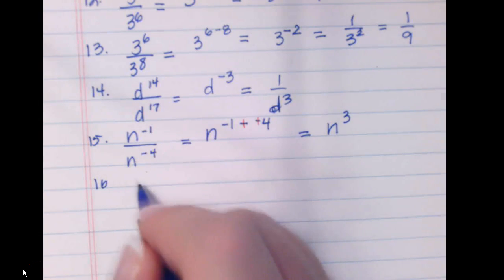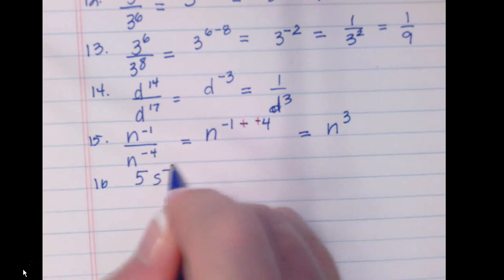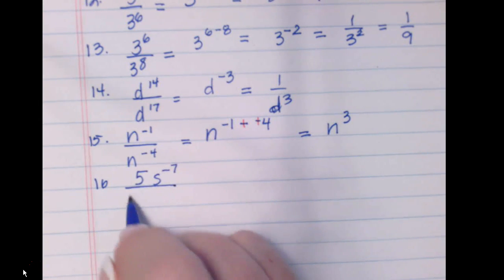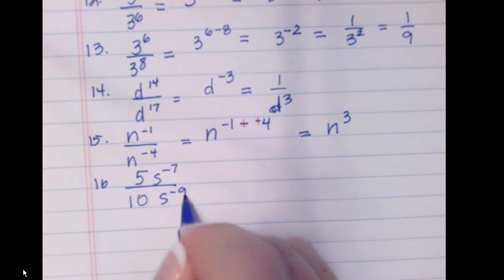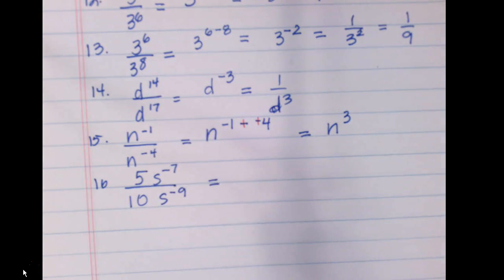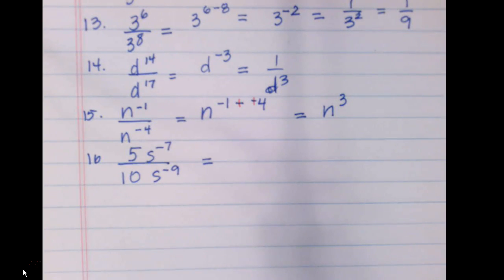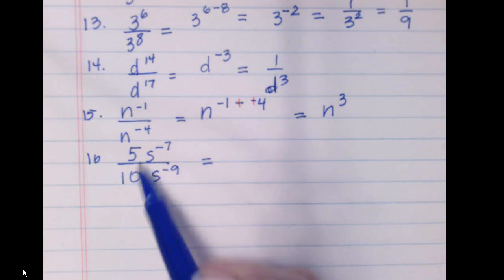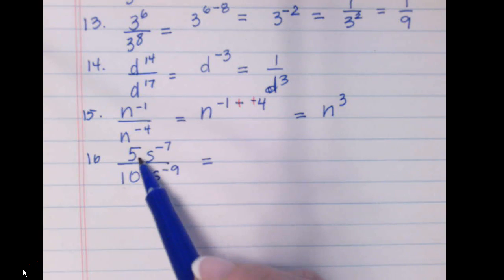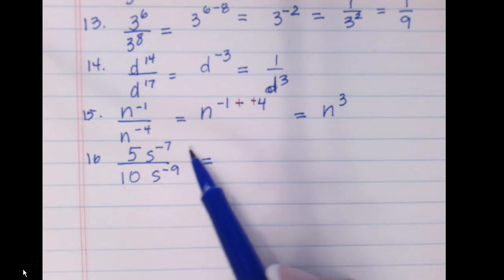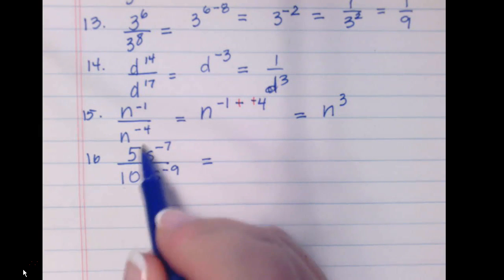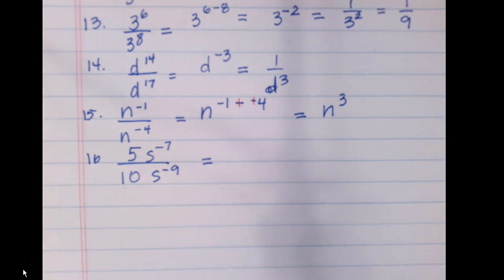Number 16, I've got 5s to the negative 7th over 10s to the negative 9th. With division problems, like with any exponent problems, when you have constant terms in there or plain old numbers, you're going to follow the rules. If there's no exponents with them, you really don't have any exponent rules that you need to worry about.